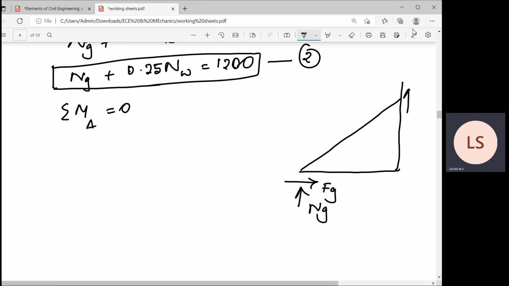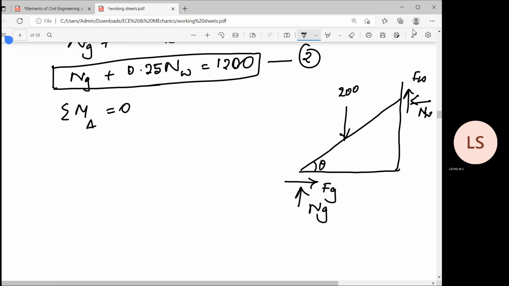So Fw will be up the wall, and this is Nw, and theta here, 200 here, 1000 here, correct? This is 2 meters and 2 meters.